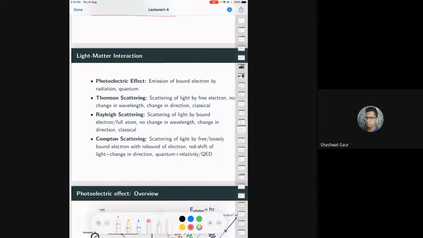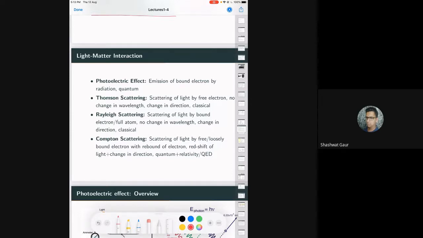But then there is something else called Thomson scattering, which is the scattering of light by free electrons when there is no change in wavelength. So if you have a red light of certain frequency falling on this metal and it's scattered, there is a change in the direction of the light, but there is no shift in wavelength. This can be explained classically, simply with wave theory.